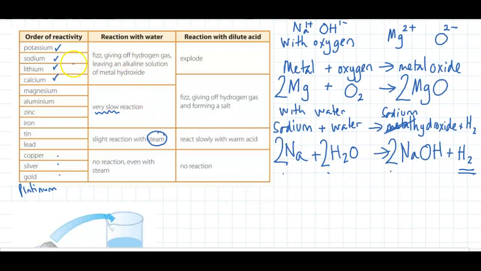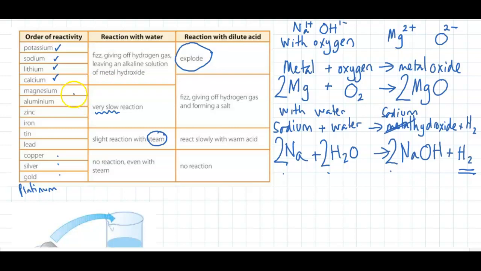So the most reactive metals are dangerous to react with acids because they react explosively. Okay, we wouldn't demonstrate the reaction of potassium and sodium with acid in the lab. Okay, the next most reactive metals, so now we're looking at what? Group 2 and group 3.